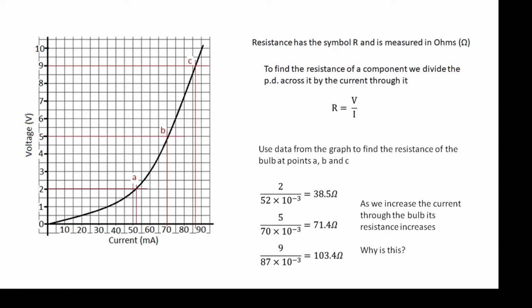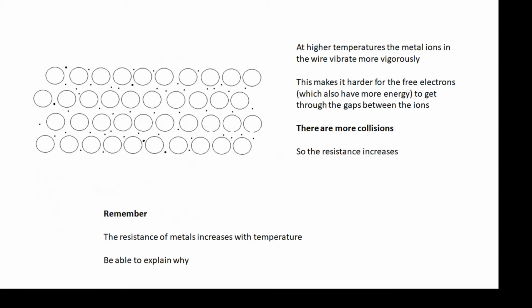So what's happening is that as we increase the voltage across the bulb, the current through it gets bigger and its resistance gets bigger. Why is this? It is because the metal has a higher resistance, because it's harder for the electrons to flow through it. Why? Because the wire gets hot, and at higher temperatures the metal ions are vibrating more vigorously.